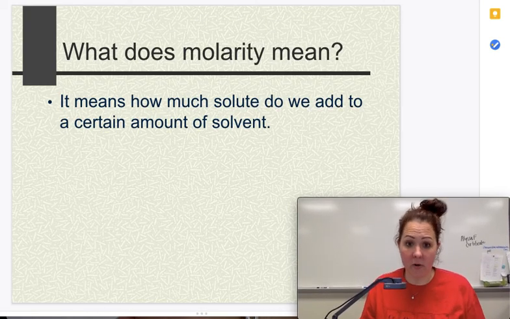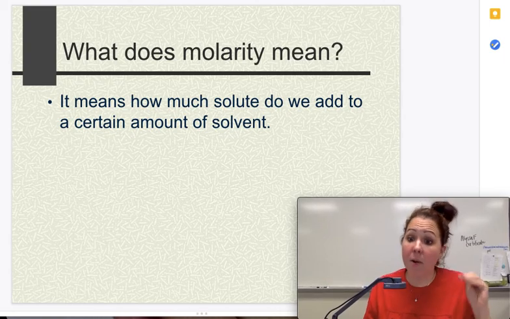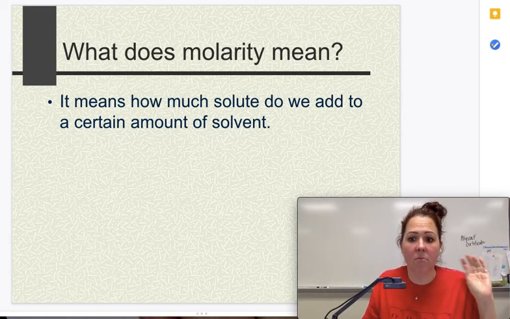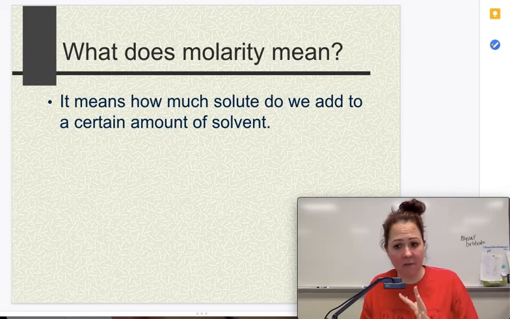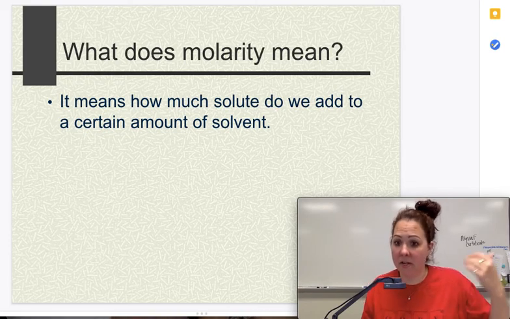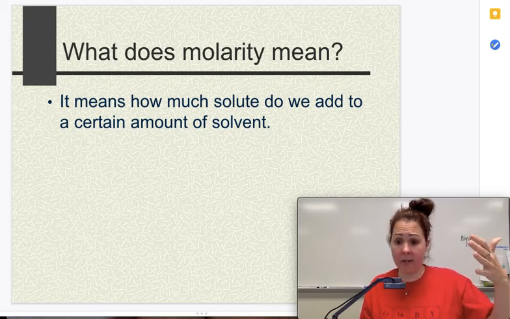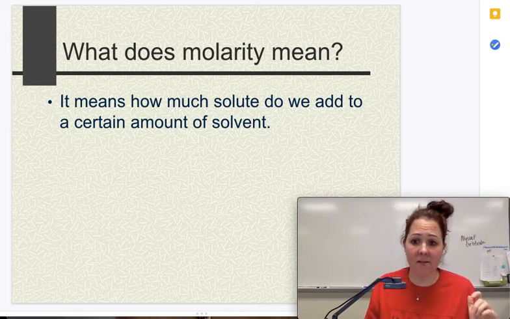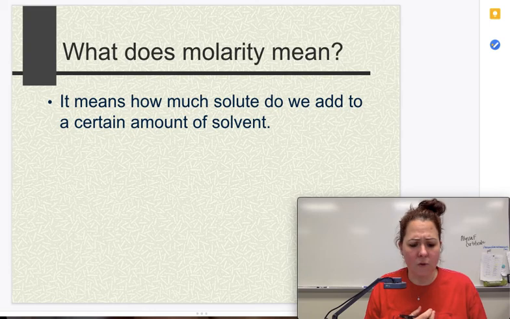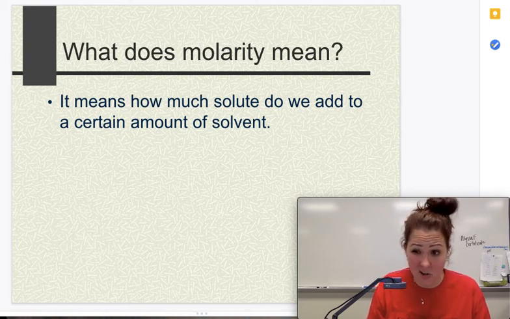So with your molarity, it just tells you how many moles, how much of your solute is dissolved into however much of your solvent. It's moles per liter. The higher the number, the more concentrated it is. The smaller the number, the less concentrated it is. So if you see a number less than 1, it's not very concentrated.